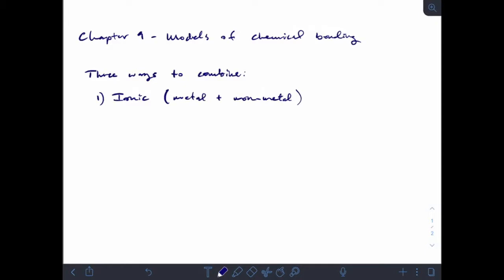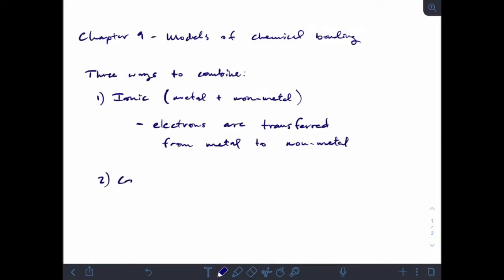With ionic bonding, what's characteristic of that is that the electrons are transferred from the metal to the nonmetal. Which is different than covalent bonding, which is our second type.